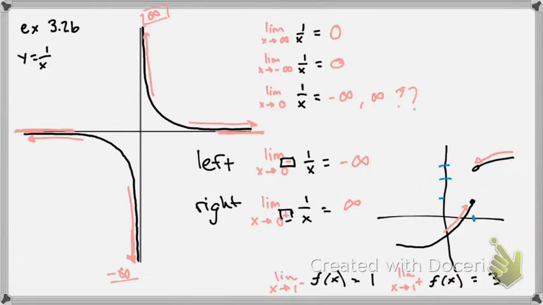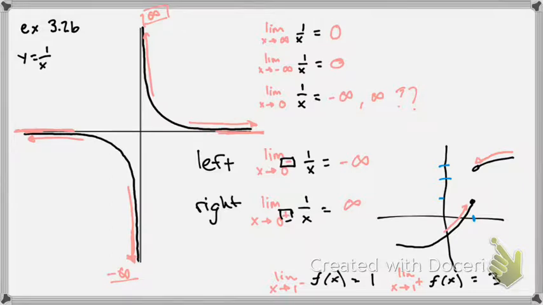So the next thing that is interesting about this graph is that, well, it looks like there's no point at x equals 0, right? It's never quite going to reach, so the ends of the graph are never quite going to reach 0.